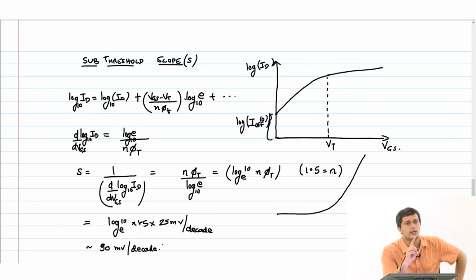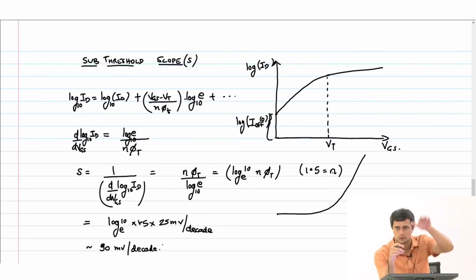So what does this mean? It means I have to reduce my gate voltage by 90 millivolt to drop the current by a factor of 10. Ideally, I would have liked to do this with a very small value. Even 10 millivolt, I should have been able to drop this to 0, below the threshold voltage. But that's not possible.